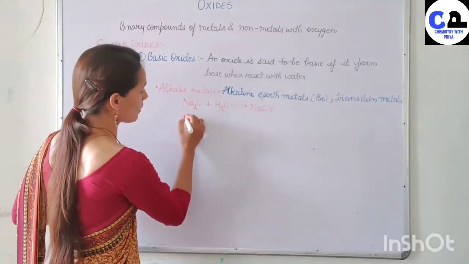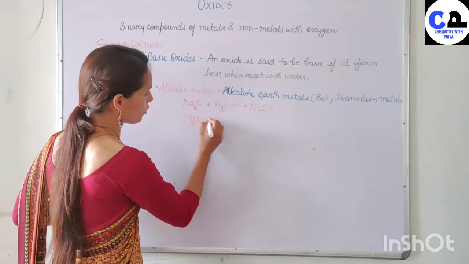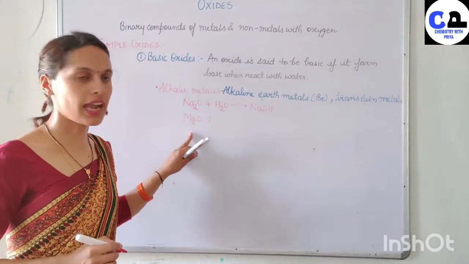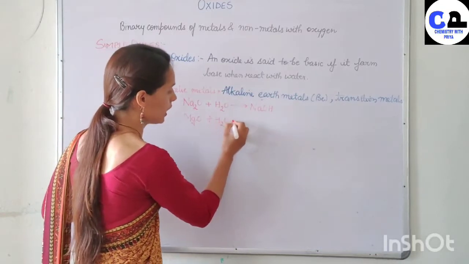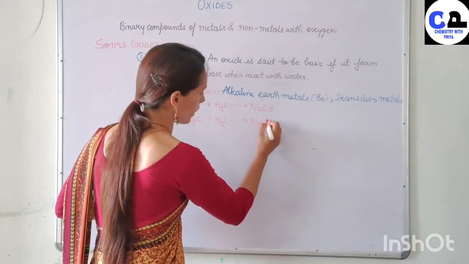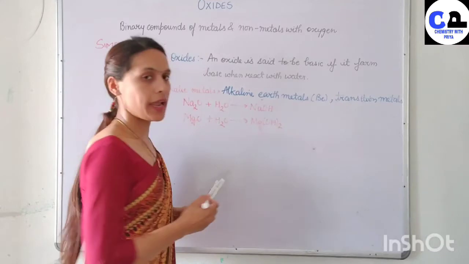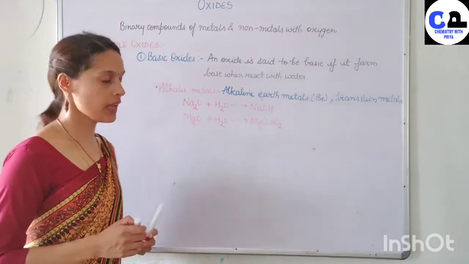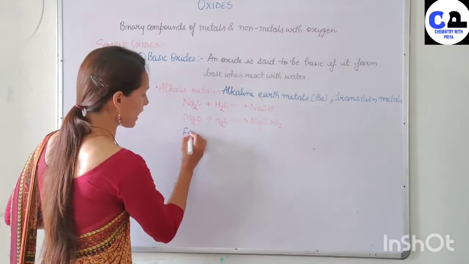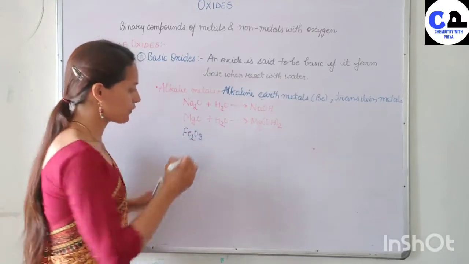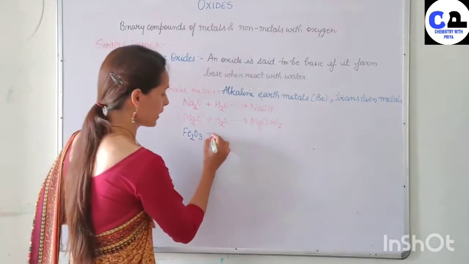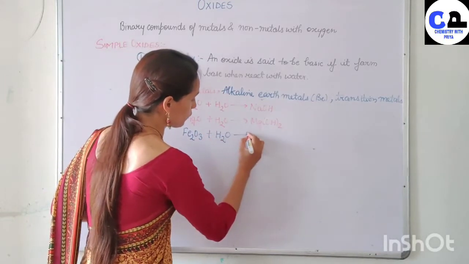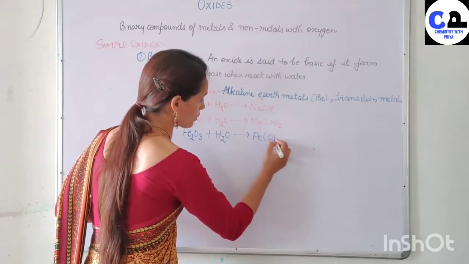Similarly, if I take MgO, which is an oxide of an alkaline earth metal, MgO when it reacts with water forms Mg(OH)2. And if I take Fe2O3, the oxide of a transition metal, when it reacts with water, it forms Fe(OH)3.